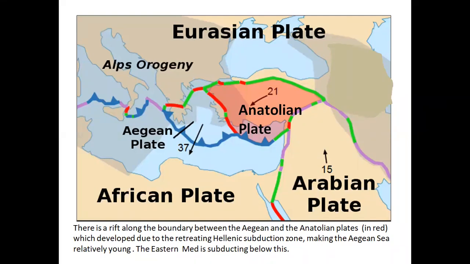The areas of grey, the top left-hand section of the diagram and the right-hand higher section, these are areas of intense deformation of the rocks. So there's orogeny effectively going on, or mountain building, in the form of large thrust and transverse faults due to this conflict of major plates, the Eurasian, African and Arabian plates.